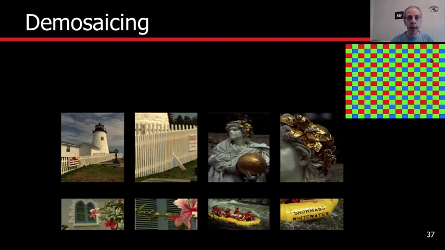So let's run it on this. This is called demosaicing, and it has to be done in basically all consumer digital cameras. Very expensive digital cameras actually collect the full red, the full green, and the full blue, but normal consumer cameras do this type of mosaic, and then the production of the full color image is called demosaicing. And here you see examples of color images that have been reconstructed from patterns like this using sparse modeling.